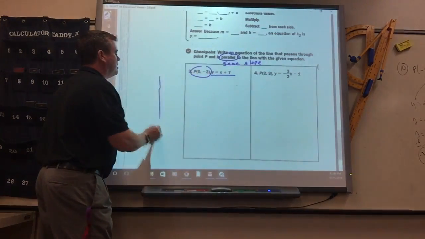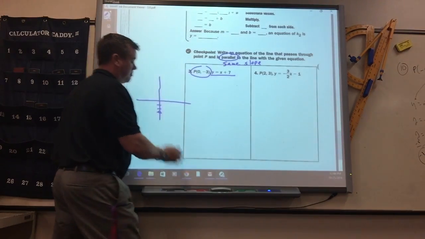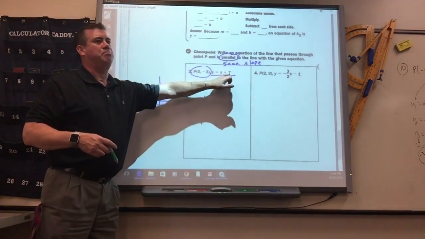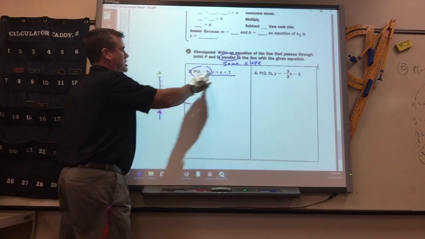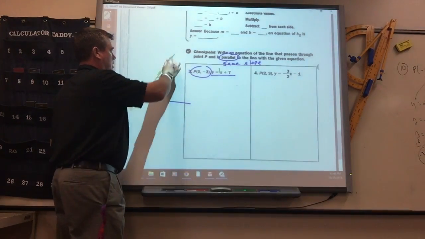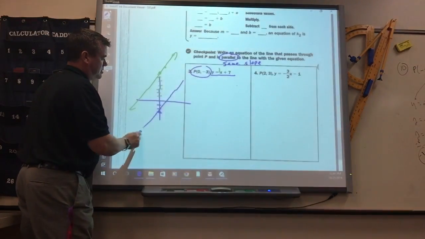If you were to graph it, (0, -3) is here. If you remember how to graph these lines, this b is where it crosses, and it's got a slope of 1, so up 1 over 1. So there's the line we know. This is the line we want.